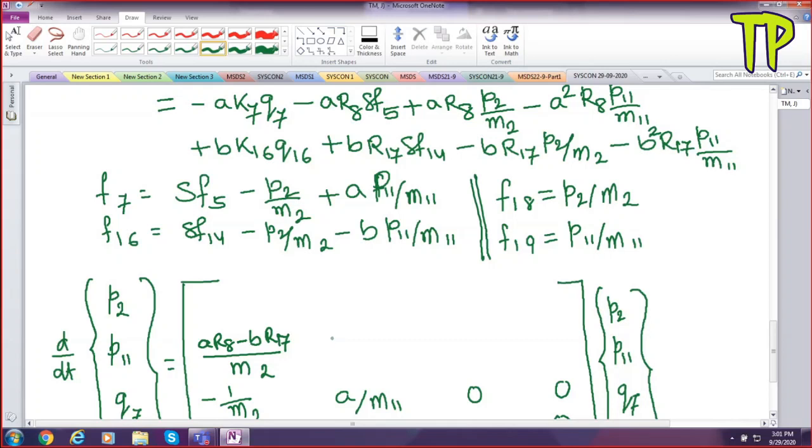Then you have A square R8 minus B square R17 by M11. Then for Q7, we have only minus AQ7.